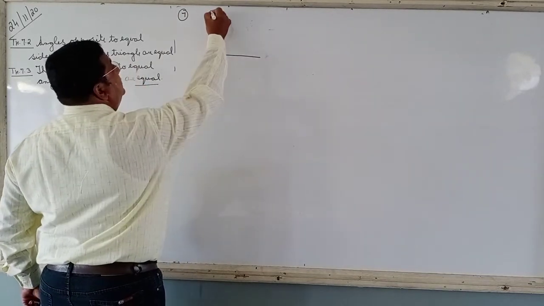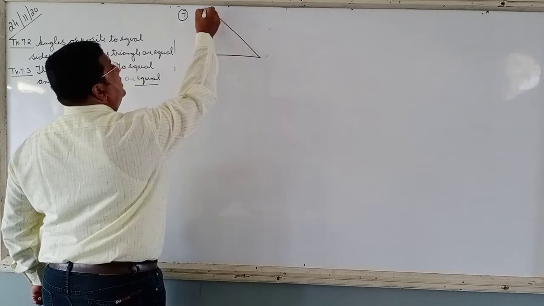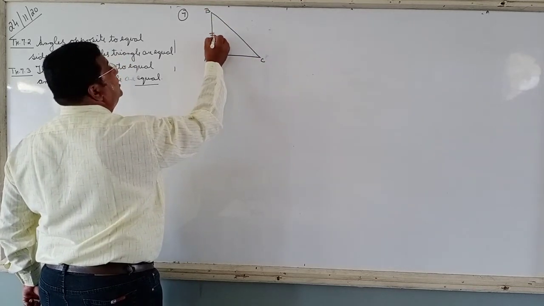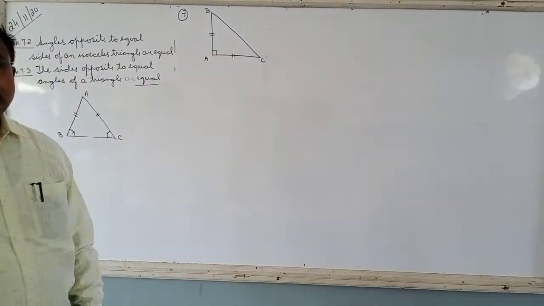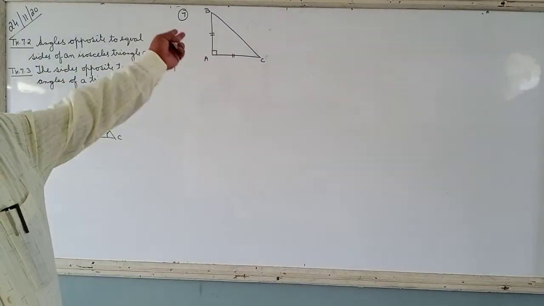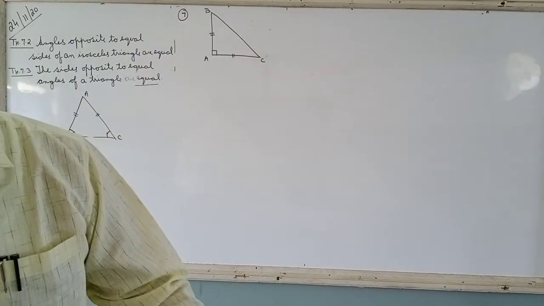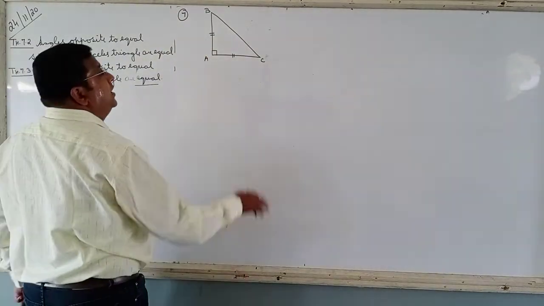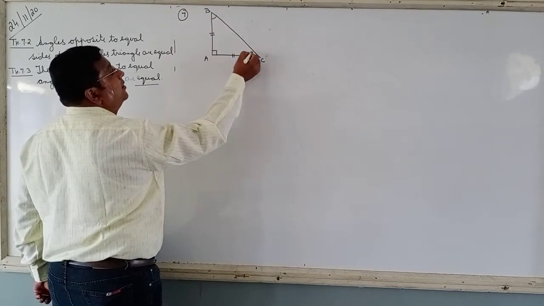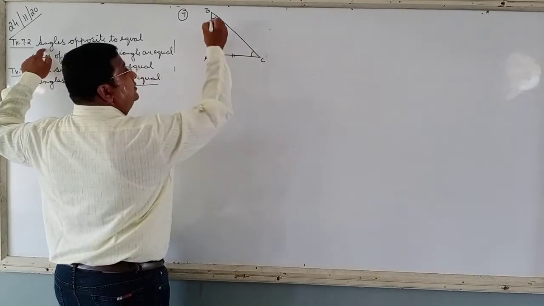ABC is a right isosceles triangle in which angle A is equals to 90 degree. So these two sides are equal. Yes or no? Find angle B and C. If two sides are equal, angles opposite to them are also equal. Yes or no? Theorem 7.2.